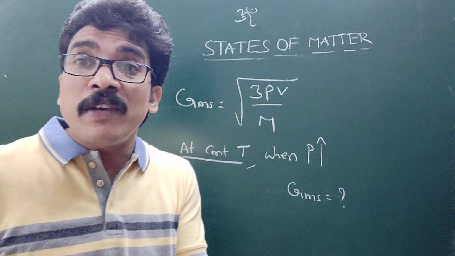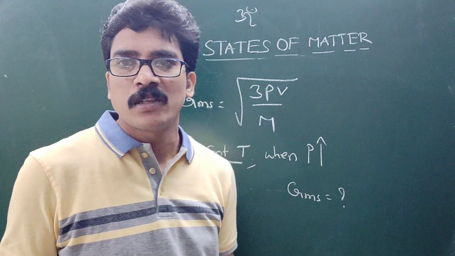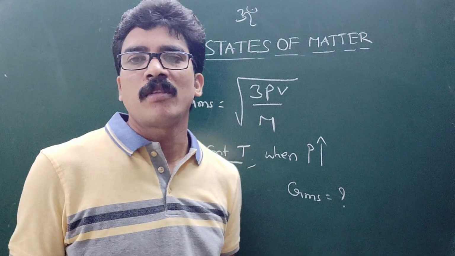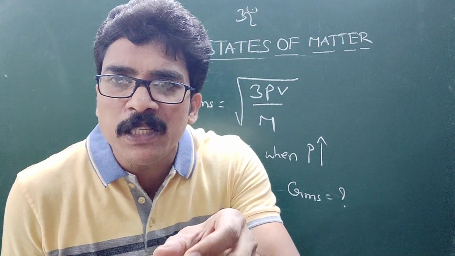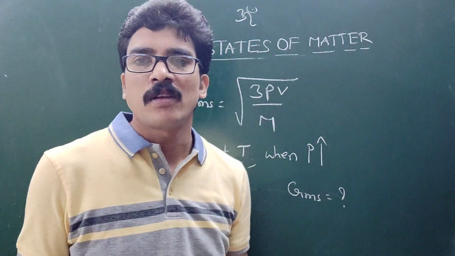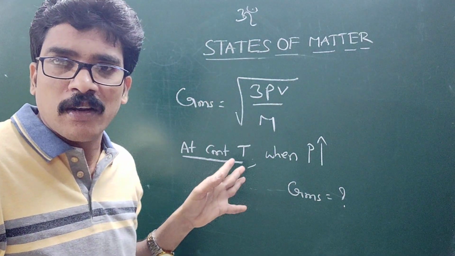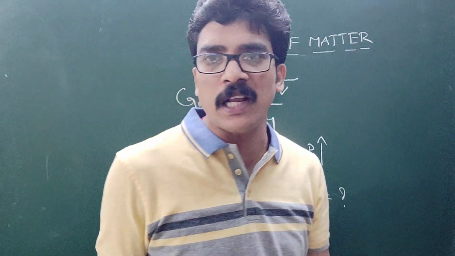Initially the RMS velocity is c, or v, or x. When pressure is doubled at a constant temperature, what happens to the RMS velocity?